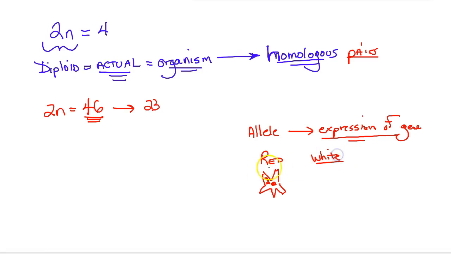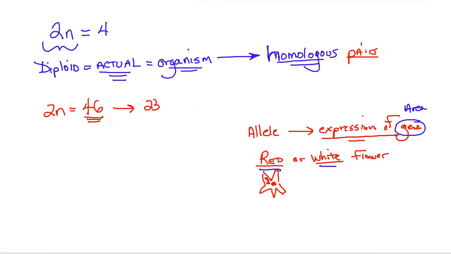So I could have a red or a white flower as an expression of a certain type of gene. And what's the gene? The gene is an area on the chromosome where the genetic information is stored to make the flower either white or red.